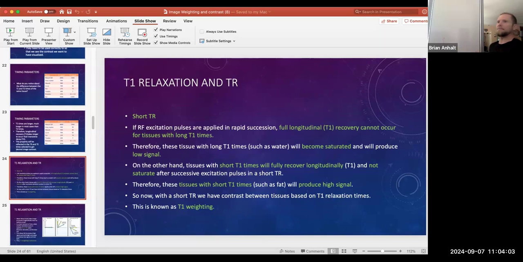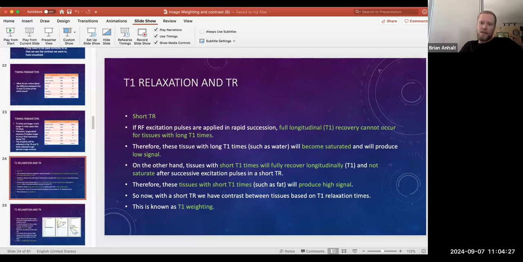On the other hand, tissues with a quick longitudinal recovery time, fat, boom, we excite, it recovers back quickly. We excite again, it will produce a lot of signal because it is not saturated with energy, because it's able to release its energy back to the molecular lattice because its molecular tumbling rate closely matches the Larmor frequency.